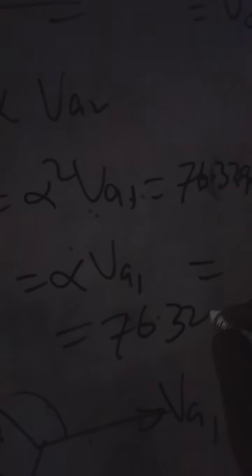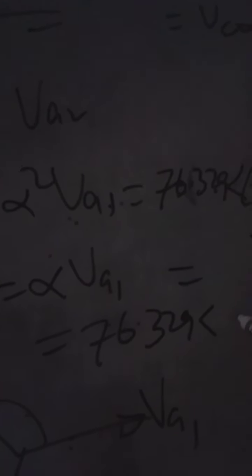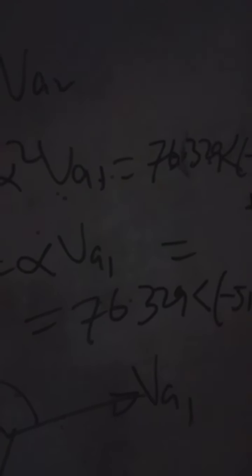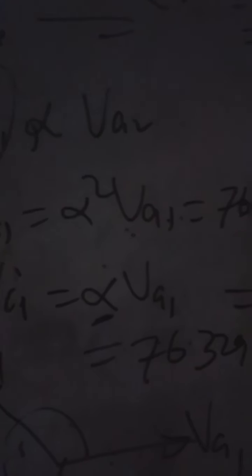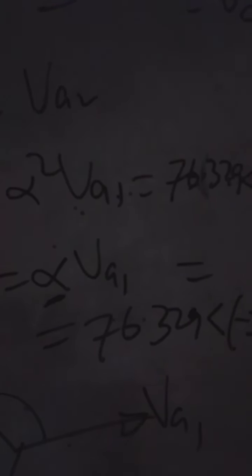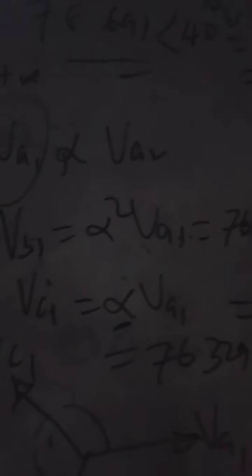Then, because it is alpha squared, you add 240 degrees to it, and that will give you your VB1. The same thing for VC1: whatever your VA1 is, 76.329 at angle minus 51.06 degrees, because it is alpha, which is 120, you add 120 degrees to it. That will give you your VC1.